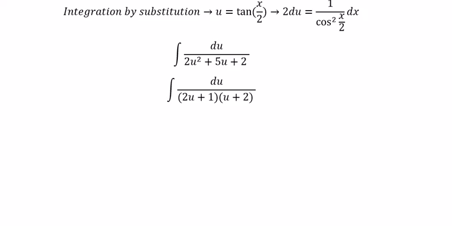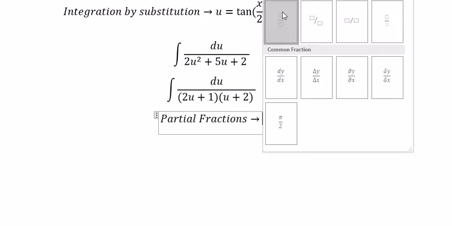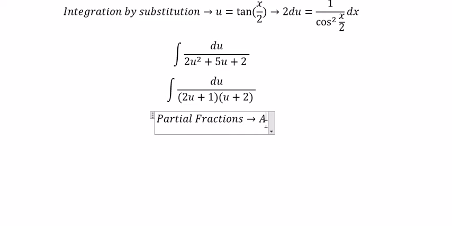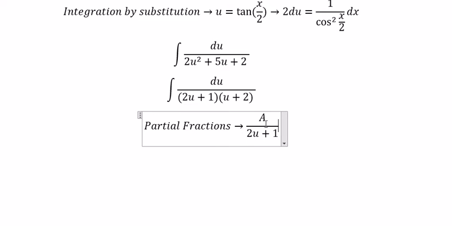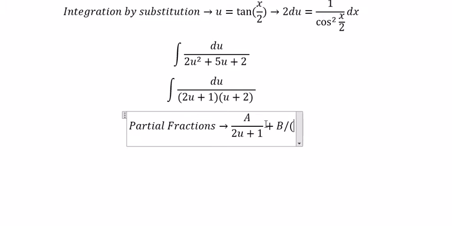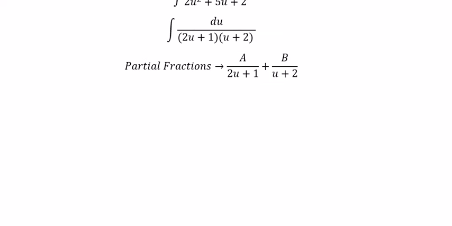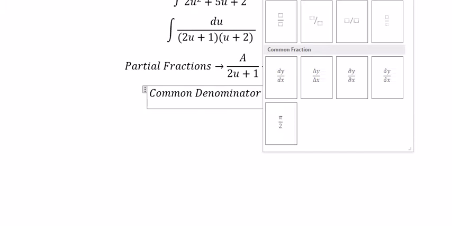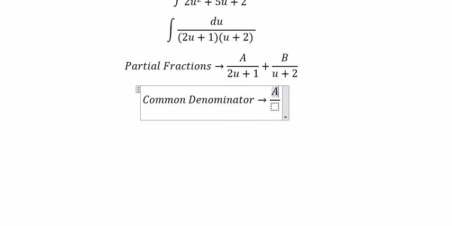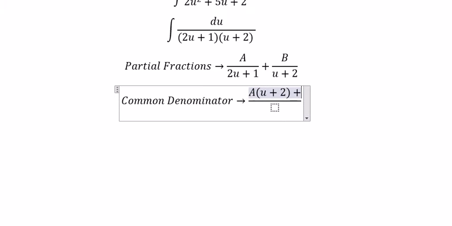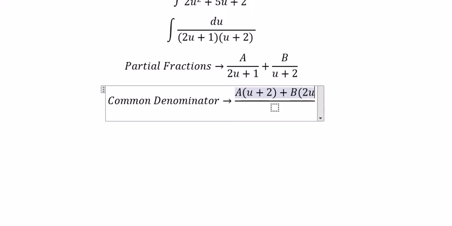This one we can do partial fractions. So we put capital A over 2u plus 1 and capital B over u plus 2. So we do common denominator. So we have A multiplied with u plus 2 and capital B multiplied with 2u plus 1.